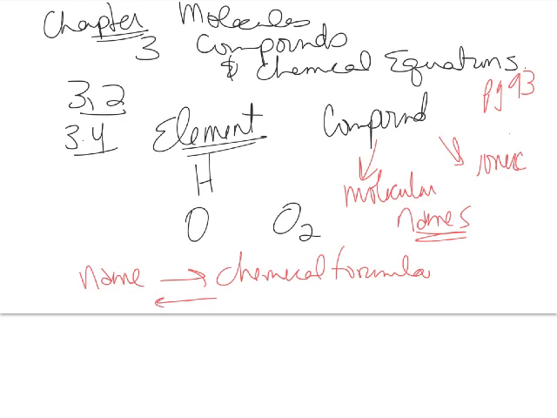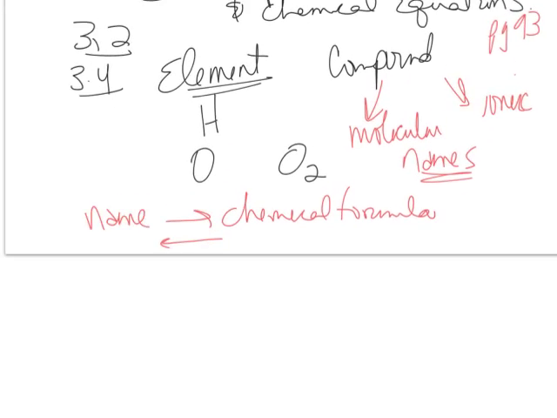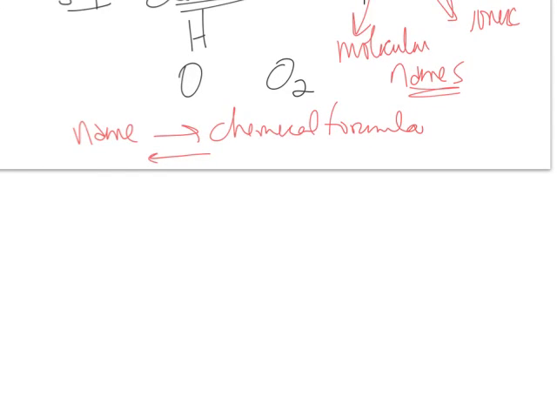The way to do that is to recognize when you have a metal with a nonmetal. 2/3 of the periodic table is metal, like lithium, and then you have a nonmetal, like oxygen. So this is your metal, and this would be your nonmetal.